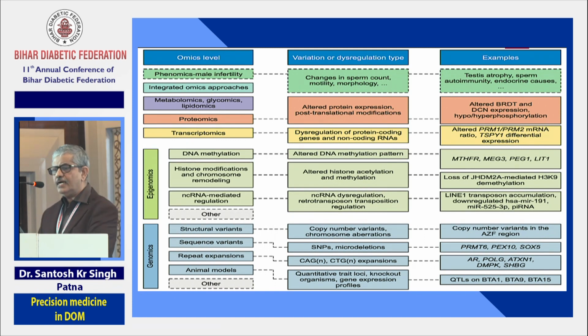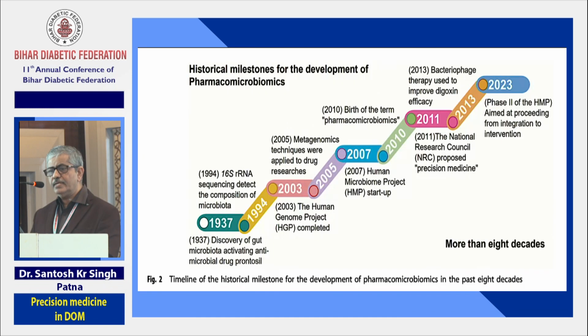And then you can have either autoimmunity or endocrine causes in the pathogenesis. And then you are to know what could be the causes. And then you have the proteomics, the transcriptomics, epigenetics, which is again important, and lower down the role of genomics, which is there. So precision medicine is not only genetics. Okay, it encompasses all these, and definitely the future will be dealing with this.